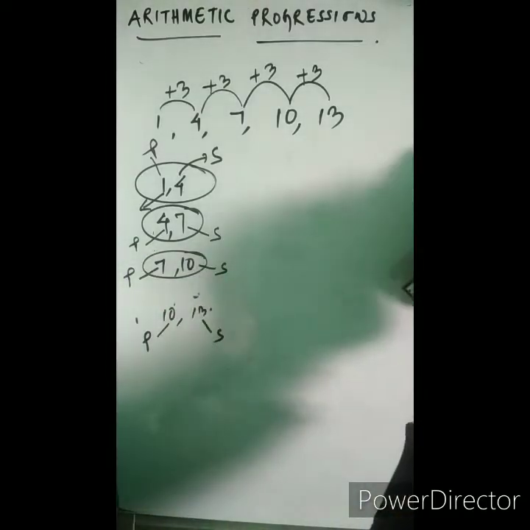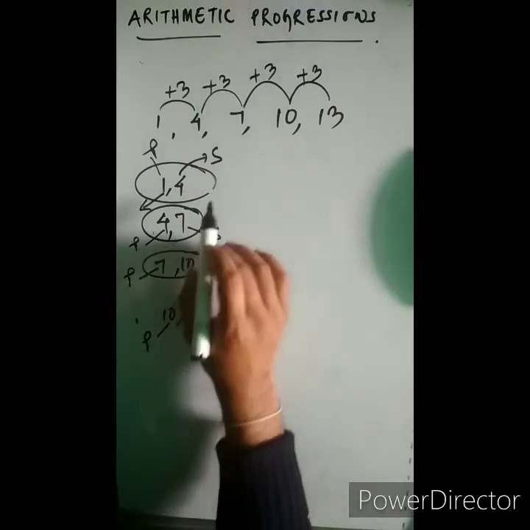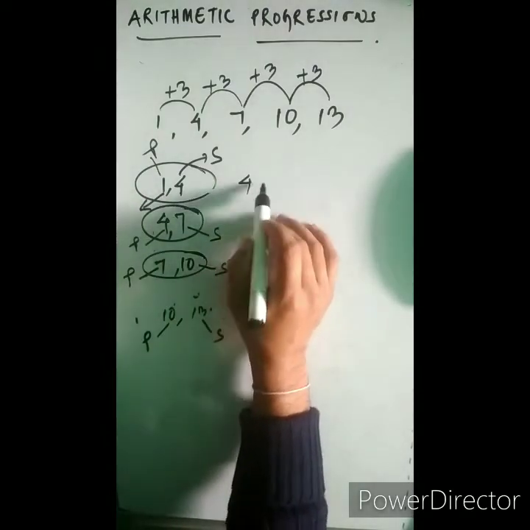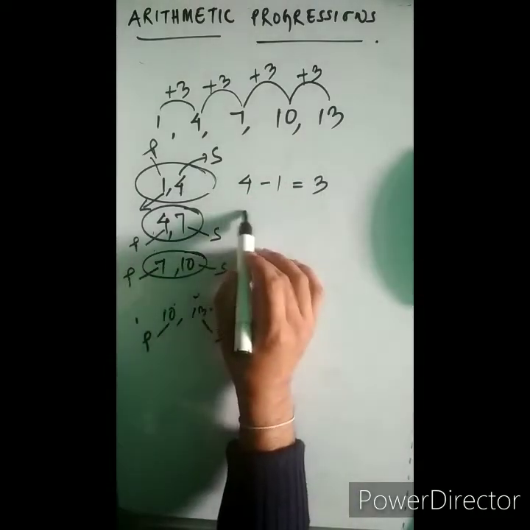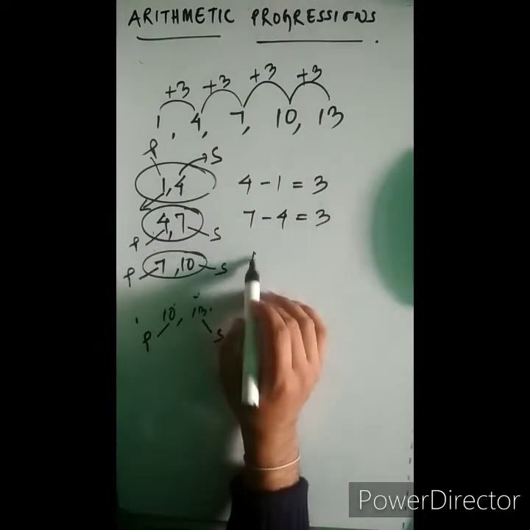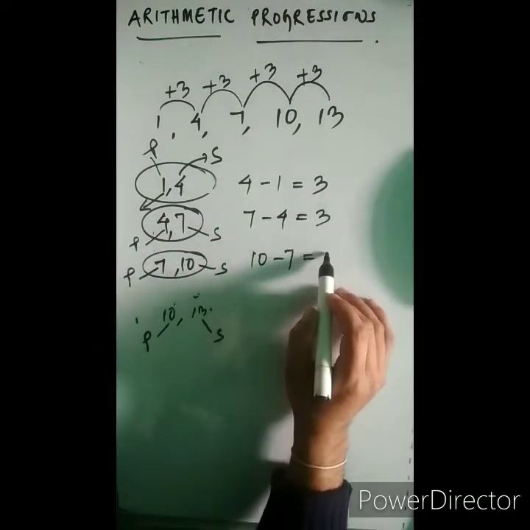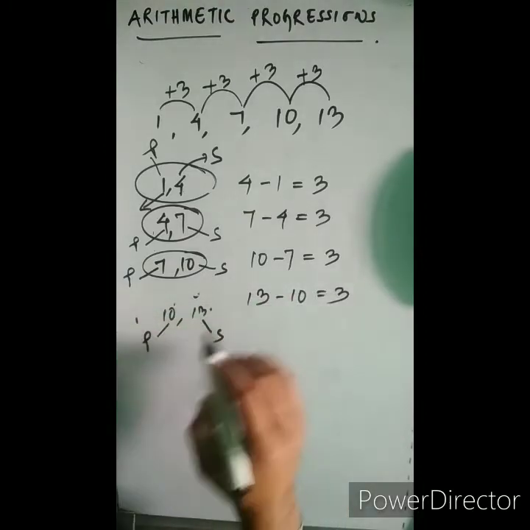So in this case, when we find their difference, 4 minus 1, we get how much? 3. 7 minus 4, we get how much? 3. 10 minus 7, we get how much? 3. Then 13 minus 10, we get how much? 3.